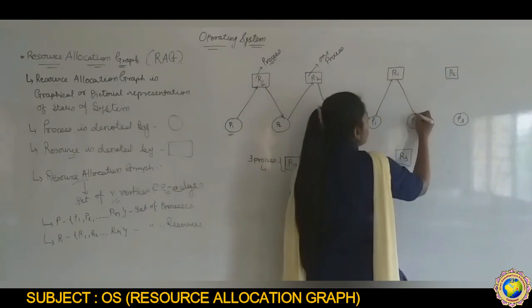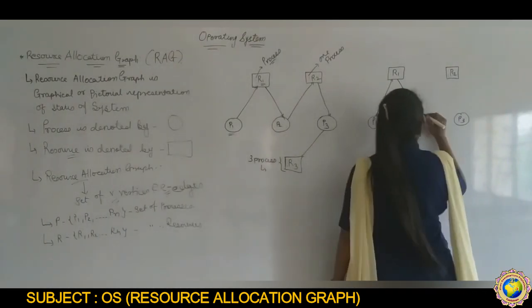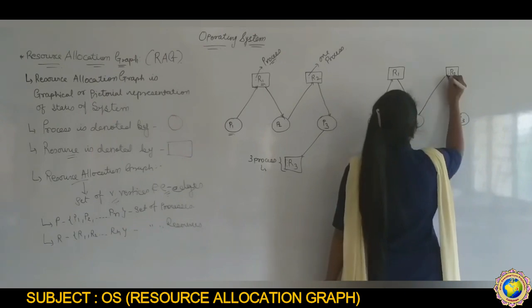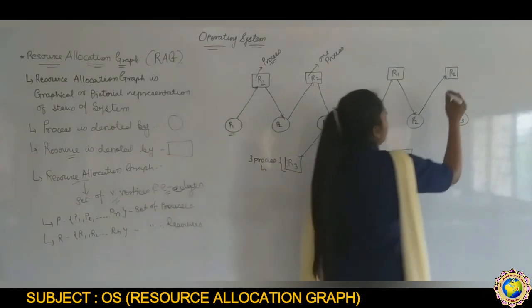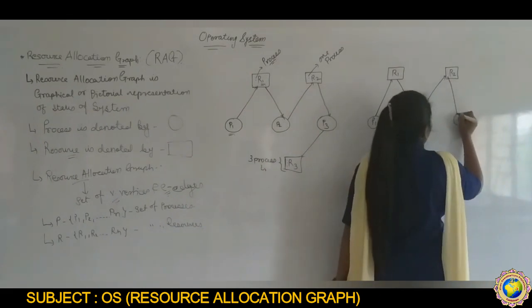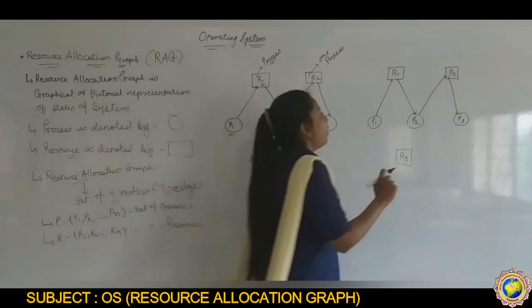R1 is already allocated to P2, and P2 is requesting R2, right? But R2 is allocated to P3.